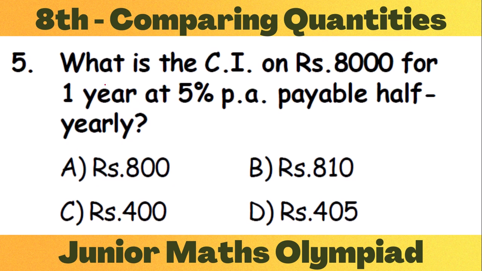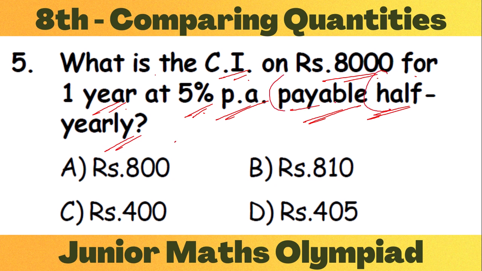Next, children, 5th question. What is the compound interest on rupees 8,000 for 1 year at 5% per annum payable half yearly? This is very, very important, children. If they give like this in any question, payable half yearly or payable quarterly, then the situation will change.